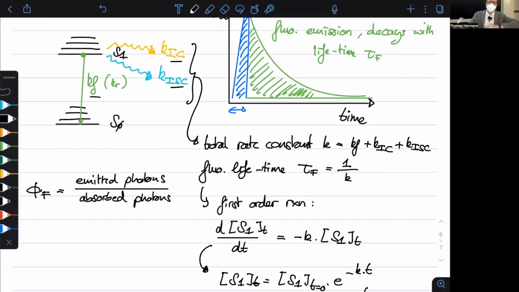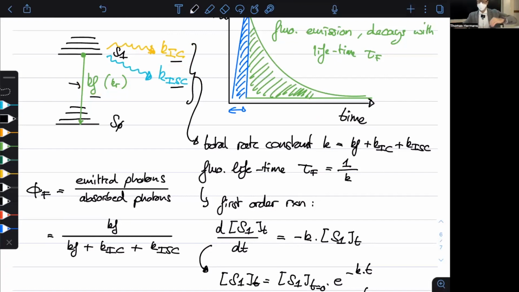So how do I know what's the total amount of emitted photons? Well, the only thing that emits radiatively is Kf, right? So I have Kf. And the absorbed photons are all the photons, so it's Kf, K intersystem crossing, and K internal conversion. So here I have Kf plus K internal conversion plus K intersystem crossing.